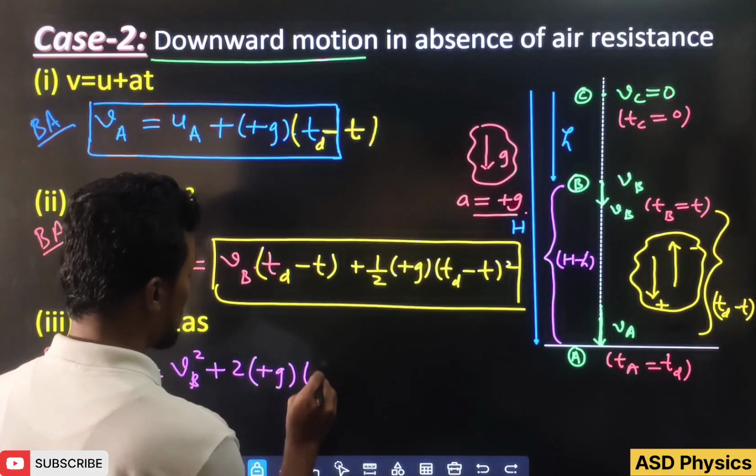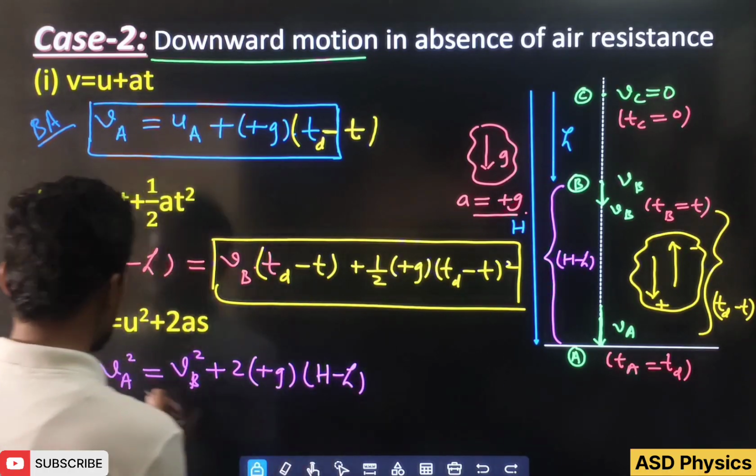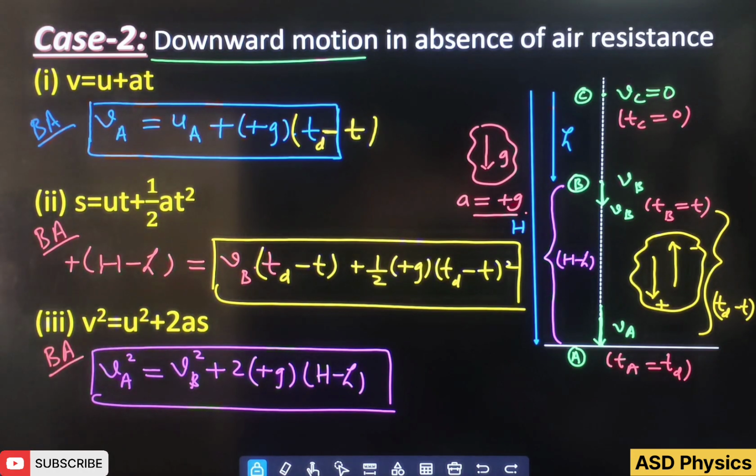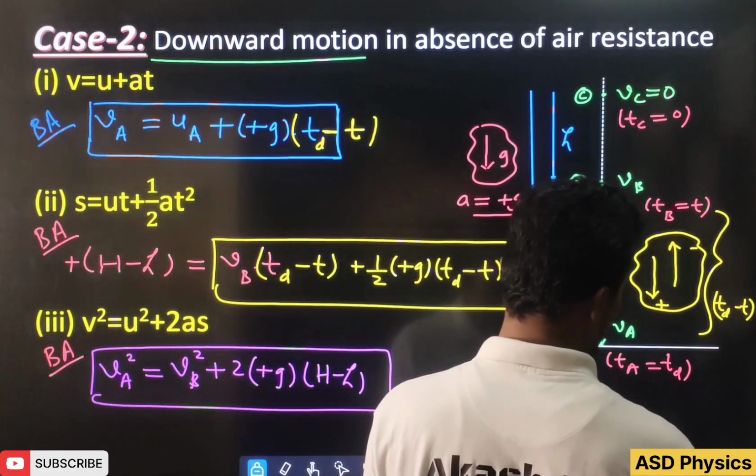So even you can write H minus h here. Remember these basics also. The main thing is that you should learn how to use the equations. Great.